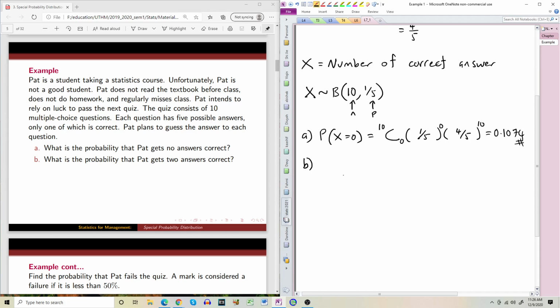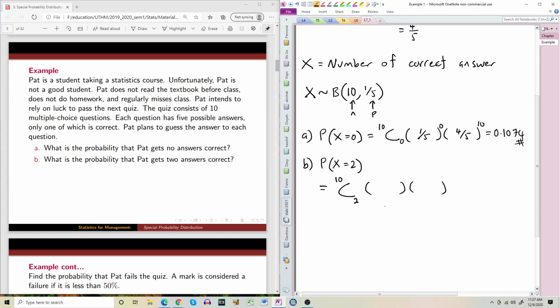B. What is the probability that Pat gets 2 answers correct? Total questions is 10. X is equal to 2 right here.